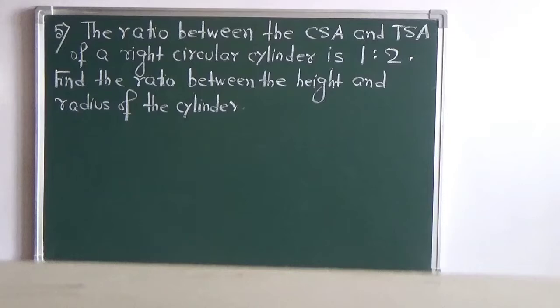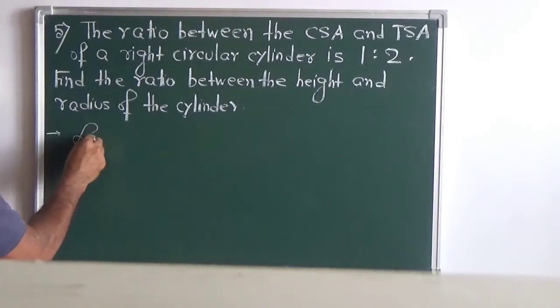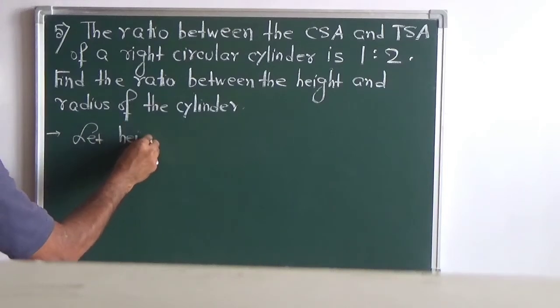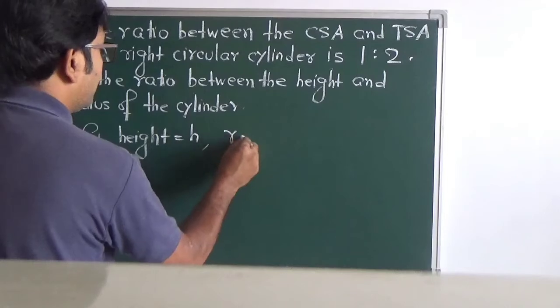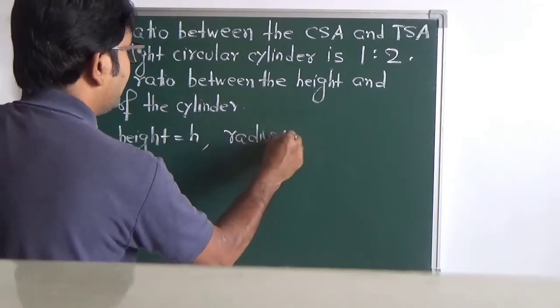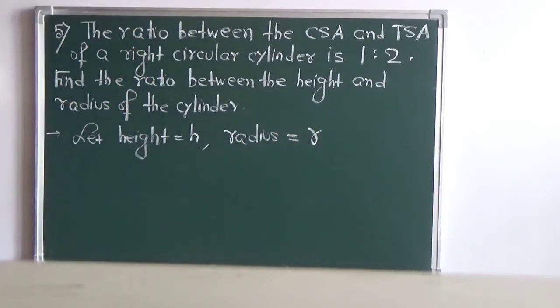So our question is, the ratio between the curved surface area and the total surface area of a right circular cylinder is 1:2. We need to find the ratio between the height and the radius of the cylinder. So let us write, let the height be h and the radius of the cylinder, let us take it as r.